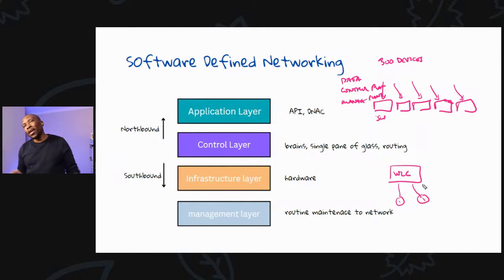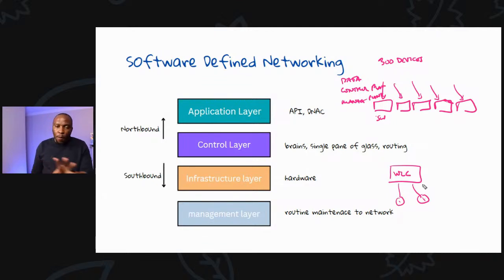So they are more like dumb terminals that basically come on the network, ask the controller what it is that they need to do, and the controller then allocates accordingly. And that is what software-defined networking is basically trying to bring to the network layer.